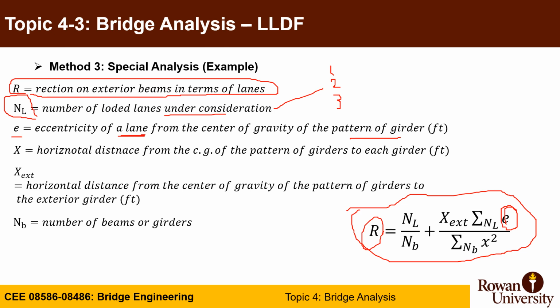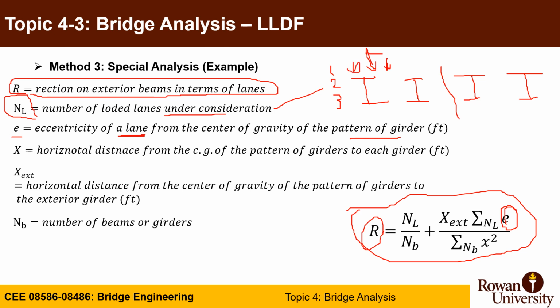We will explain that. So you have the girders, right? The girders are 4 or whatever number, right? There is a center of gravity of them, maybe in the middle here. The lane is here. The two loads are left and right of the resultant.